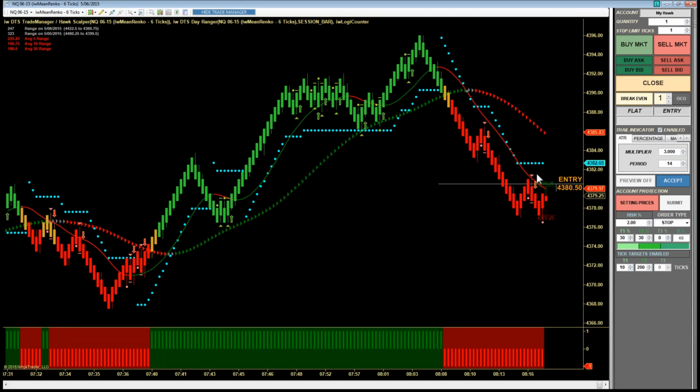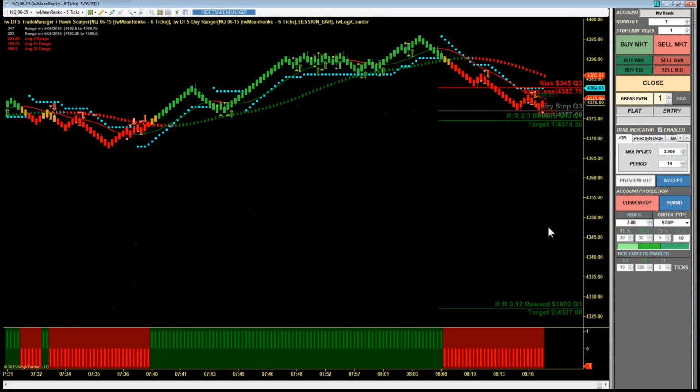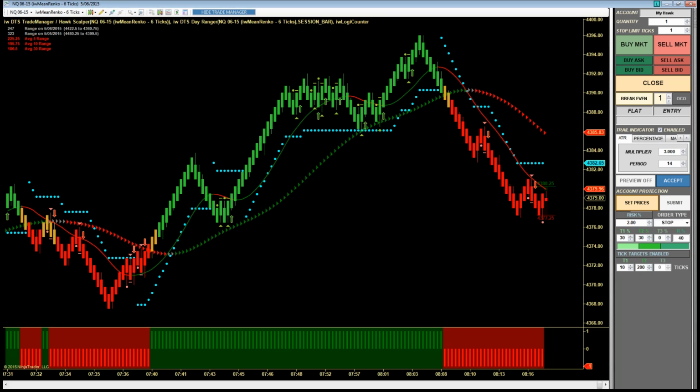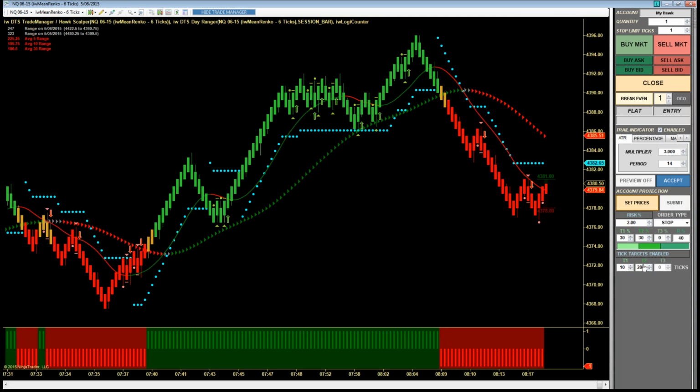So let's say, and I'm just throwing a signal in here, folks. If you're trying to mirror my trades today, don't do it. I'm just throwing a signal in. Oops, what happened there? 200 ticks. That's a little silly. Okay, so let's say I'm going to try to enter here.